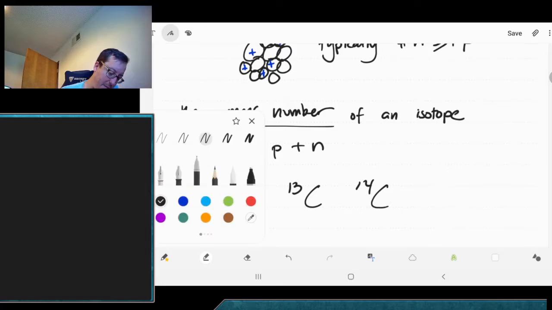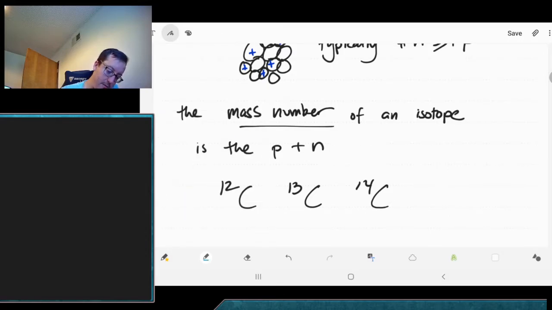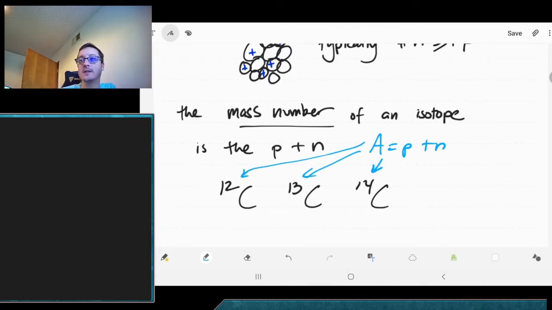These are mass numbers, which is given the letter A, because that makes sense. It's protons plus neutrons, the number of them. And that's that number in the corner there. So mass number is protons plus neutrons that you have in your particular atom.